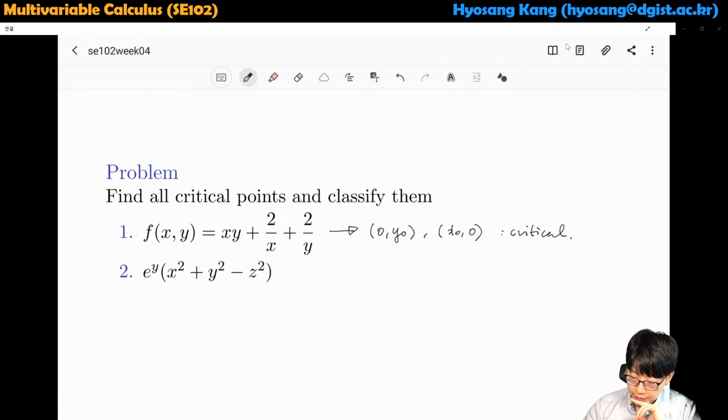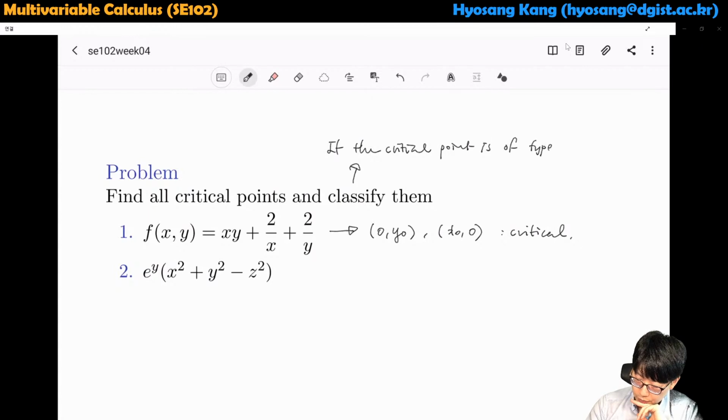What we want is, if the critical point is of type 1, classify the extremality of that critical point.